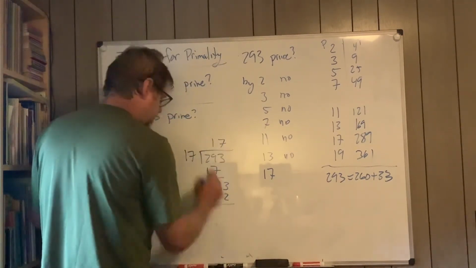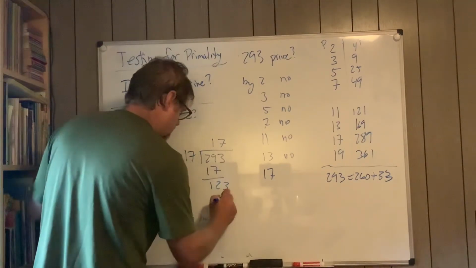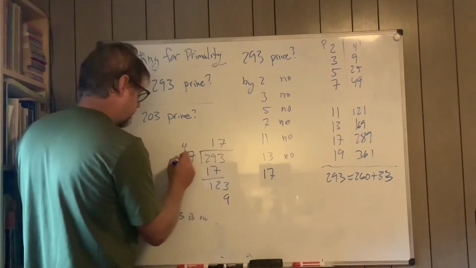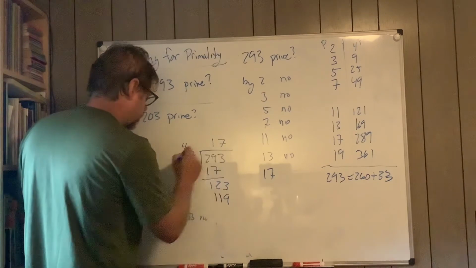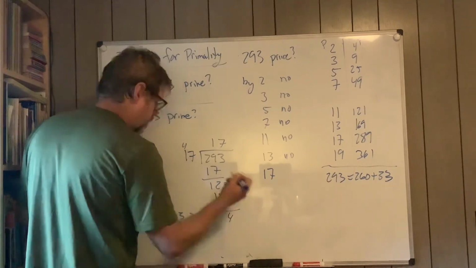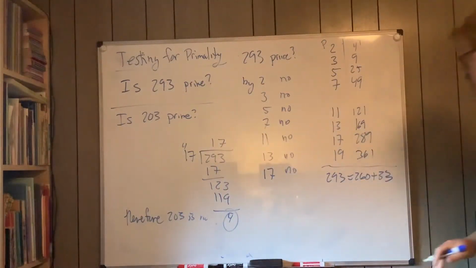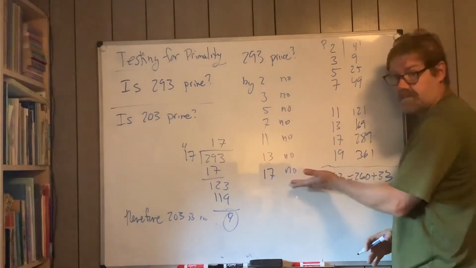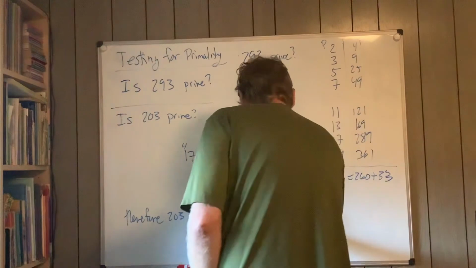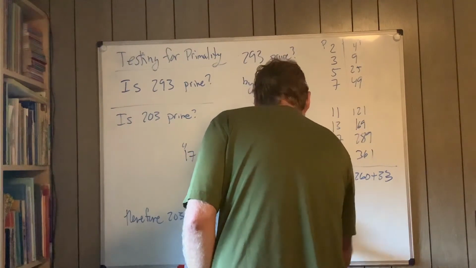So 7. 7 times 7 is 49. 7 times 1 is 7, plus 4 is 11. Right? Okay. So that's a no. Okay, the point of this though is I can stop at 17. So the answer is yes, 293 is prime.